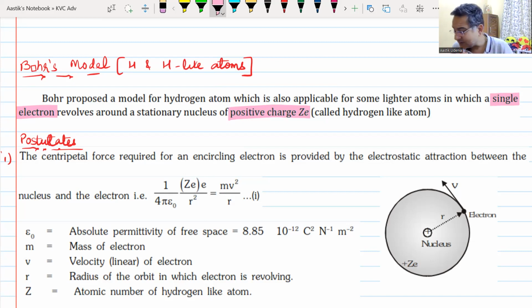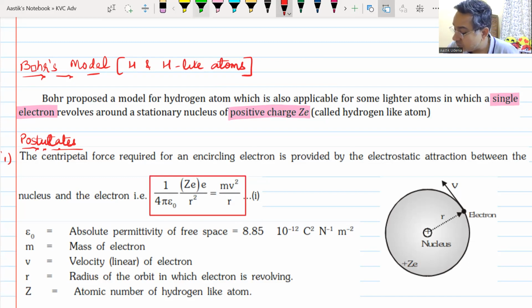Now, when this electron is revolving in this circular orbit, it requires a centripetal force for its motion. Who is going to provide this centripetal force? The nucleus. A single electron is moving in a circular orbit of radius r.